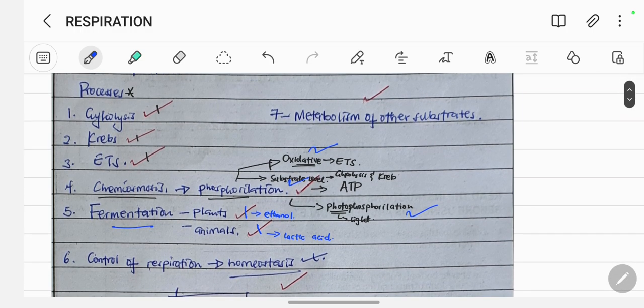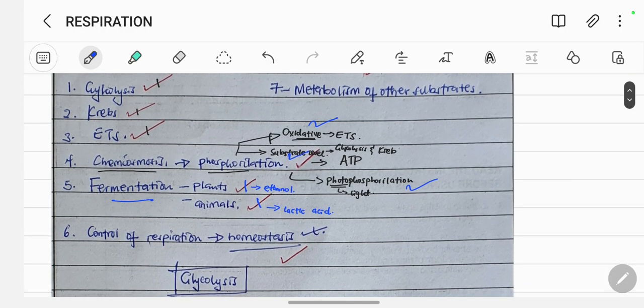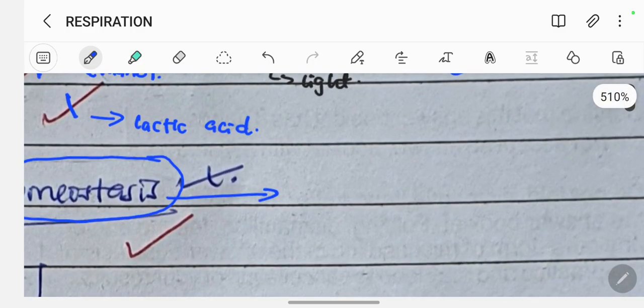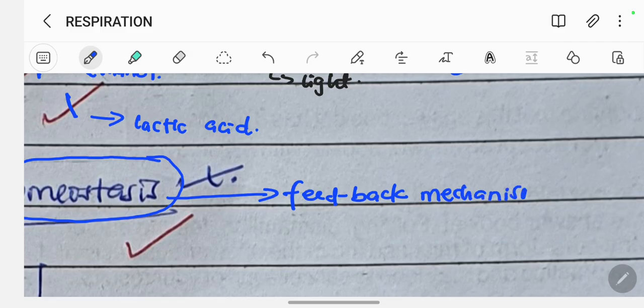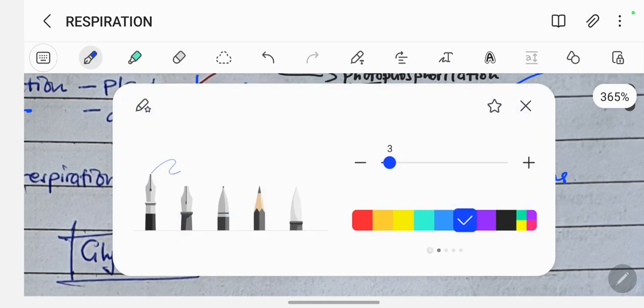Then we shall handle some small theory. So I'm also having control of respiration. It's like a homeostatic control. There is some kind of feedback mechanisms here, and these feedback mechanisms are found in homeostatic controls.